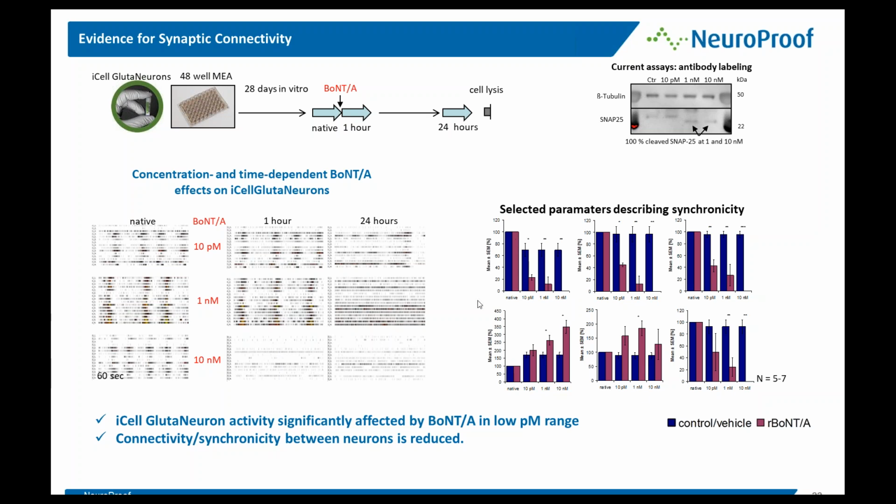And we see a very high readout in synchronicity describing parameters, even at the 10 picomolar range. So showing that it's a very sensitive readout to investigate synaptic and polysynaptic connections which are present in these iCell GlutaNeurons.